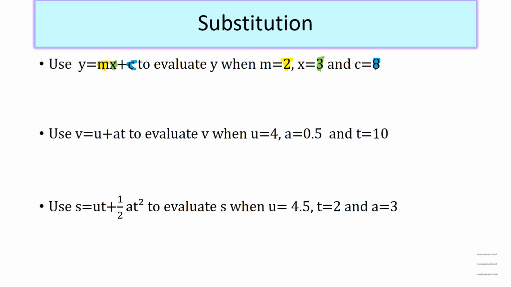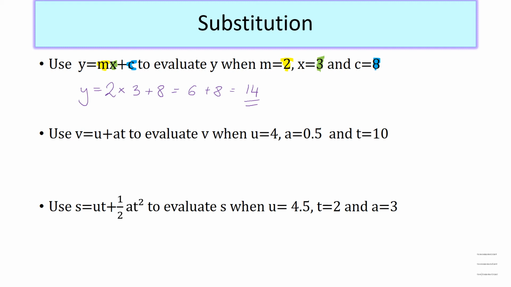So now I'm going to rewrite this with my values. So that is y equals, now m is 2. Now remember, mx means m times x, so that's 2 times 3, then add 8. 2 times 3 is 6, add 8, that is 14.